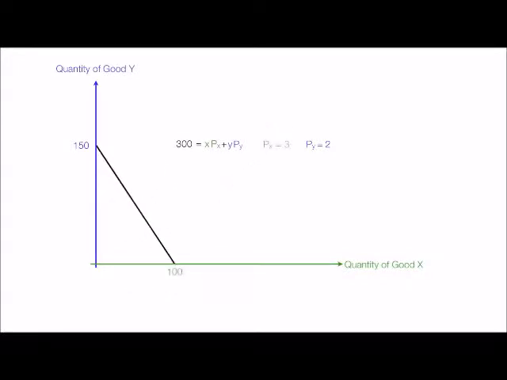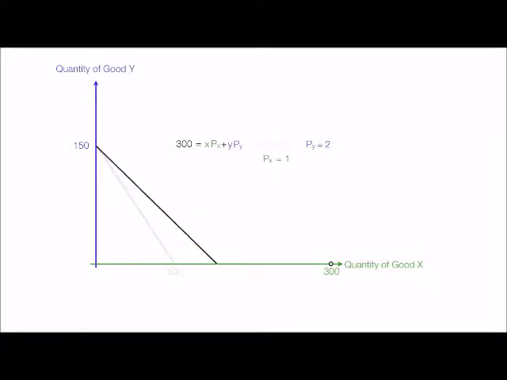Now, if the price of x goes down to 1, I can solve this by just taking income divided by the price of x. So this is equal to 300 divided by 1, which is equal to 300. So the budget line rotates out to this new point right there.